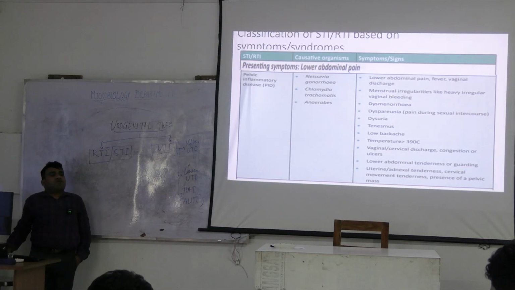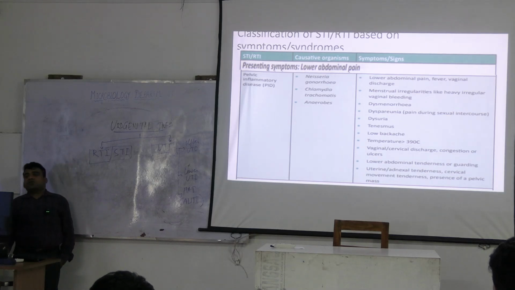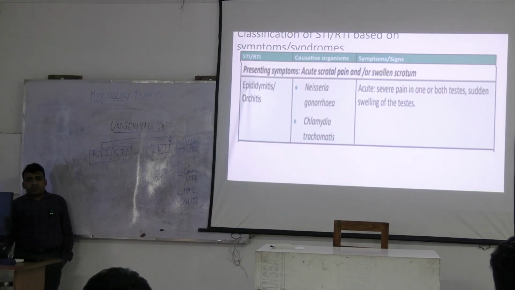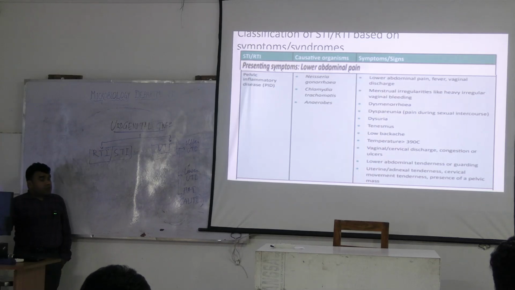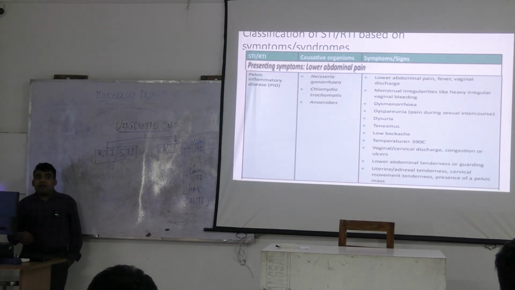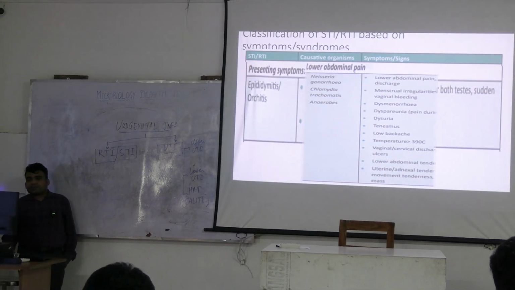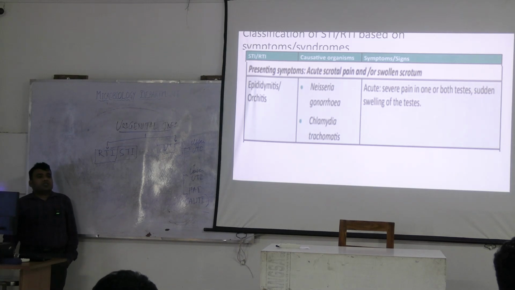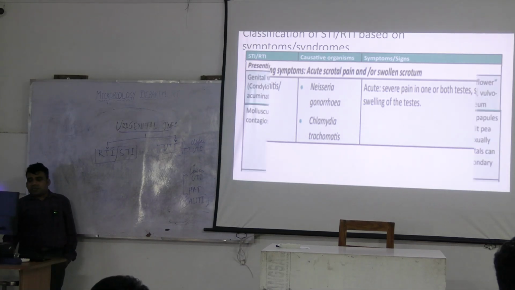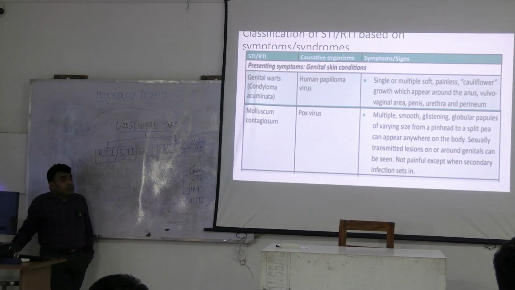If the patient complains of lower abdominal pain, the most common suspicion you have to keep in mind is pelvic inflammatory disease, that is inflammatory disease in the pelvic region, most commonly caused by Neisseria gonorrhoeae and anaerobic bacteria. If the patient complains of pain and swelling in the testis, obviously it indicates either epididymitis or orchitis. In that scenario, Neisseria and chlamydia may be present.